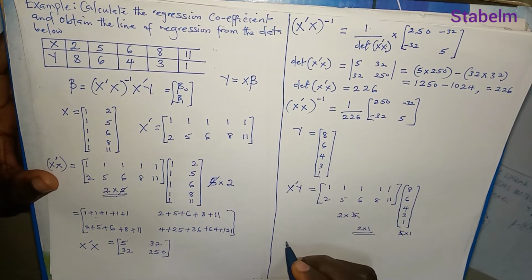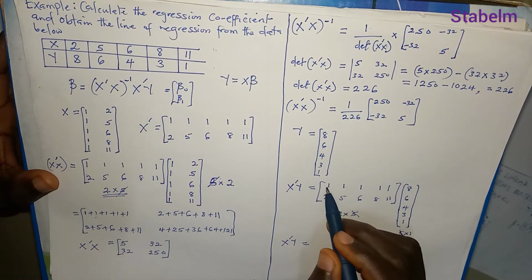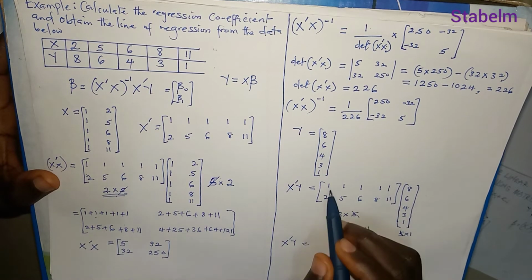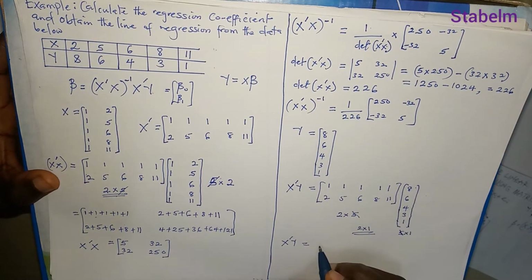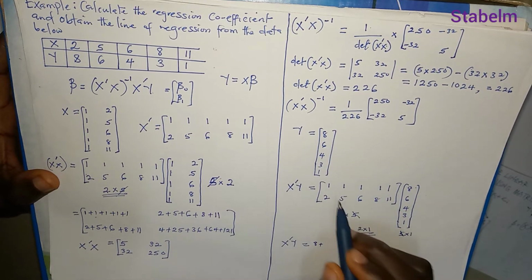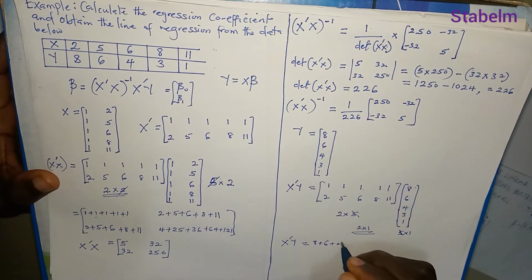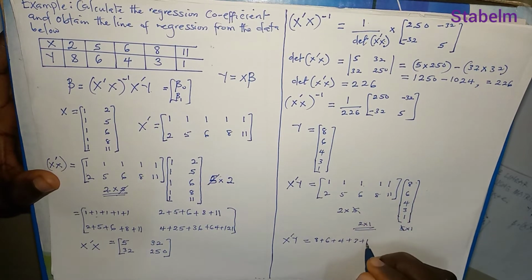Now let's multiply X prime Y. We're going to use each row to multiply this column. 1 times 8 is 8, plus 1 times 6 is 6, plus 1 times 4 is 4, plus 3, plus 1.